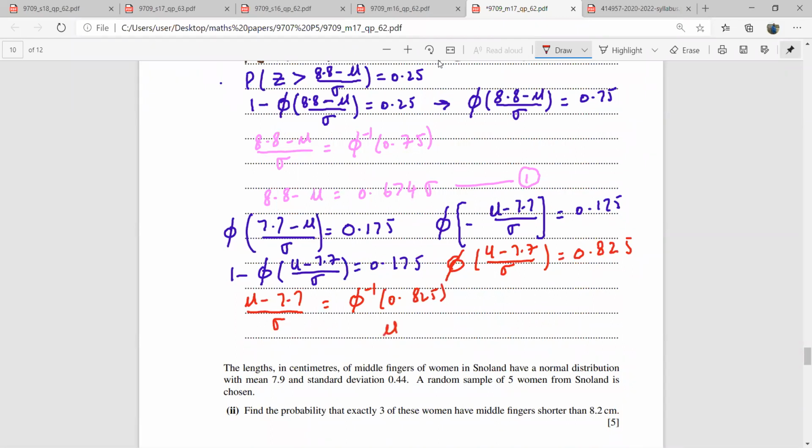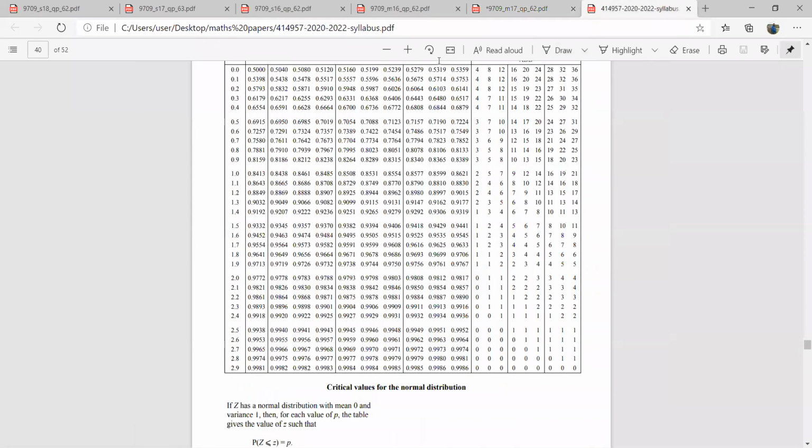Let's see what is phi inverse of 0.825. Where is 0.82?